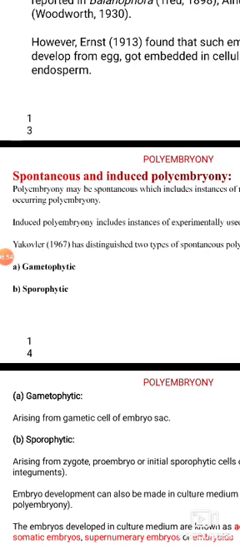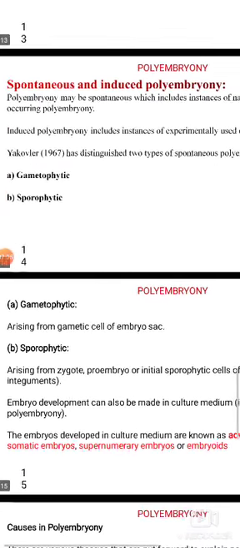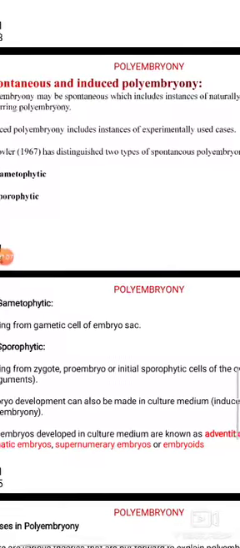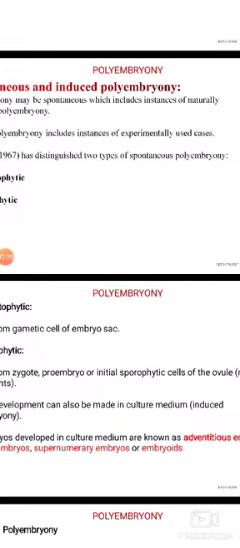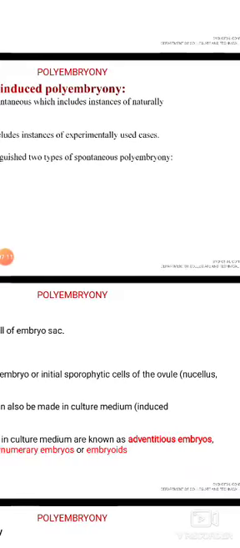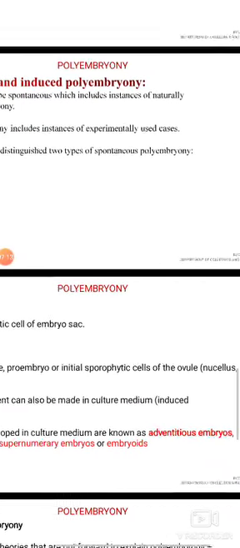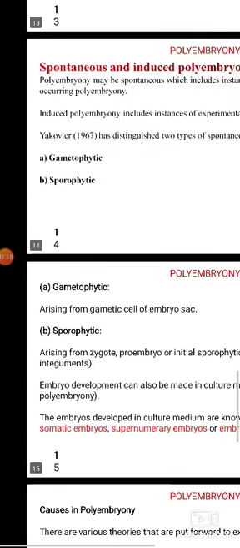The gametophytic one arises from gametic cells of the embryo sac. In the case of sporophytic, these arise from the zygote, proembryo, or initial sporophytic cells of the ovule. It can be nucellus or integuments.